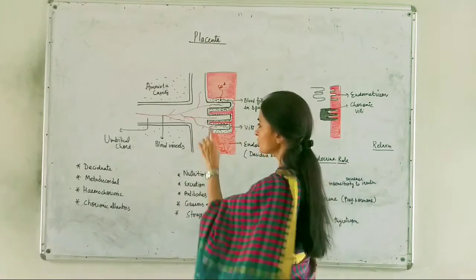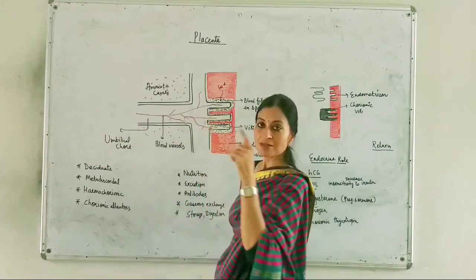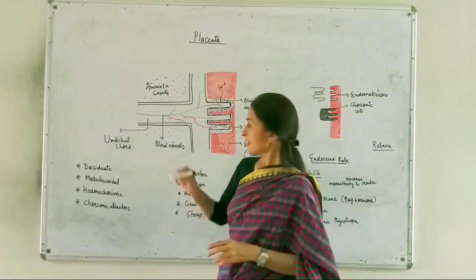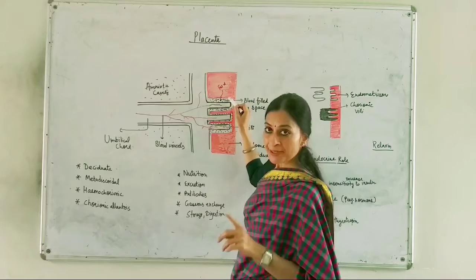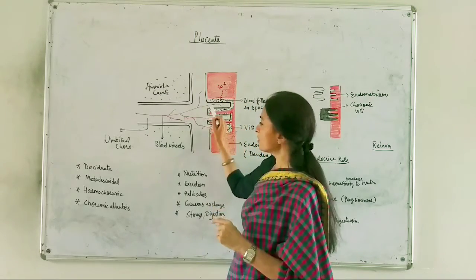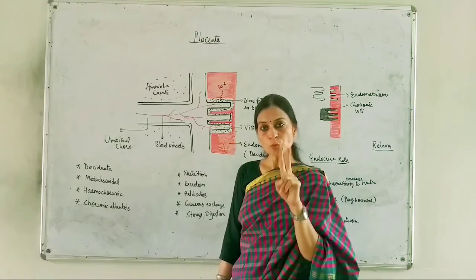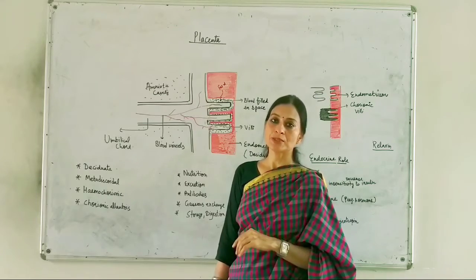Because the contribution is also in the form of this network of blood vessels, and these blood vessels are formed by the allantois. That's why this tissue has endometrium from the mother, chorionic villi from the fetus, and these blood vessels, again from the fetus. Two membranes are contributing in this formation, chorion and allantois.